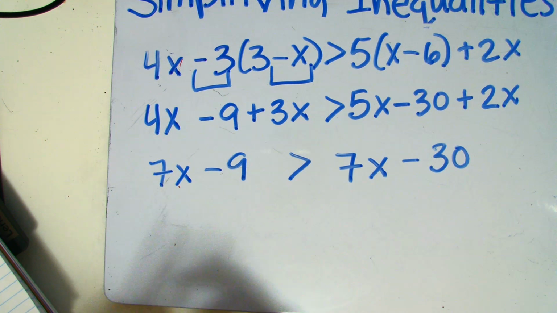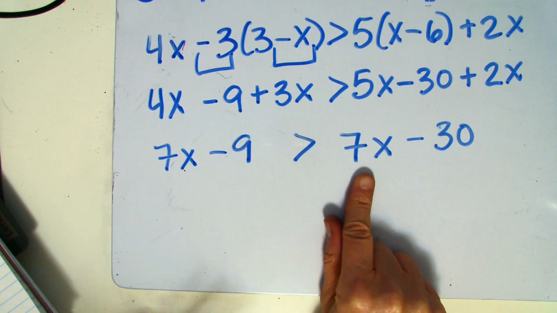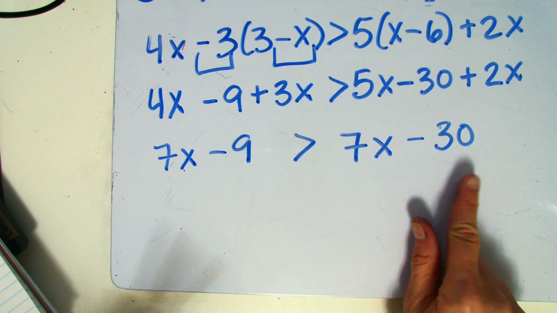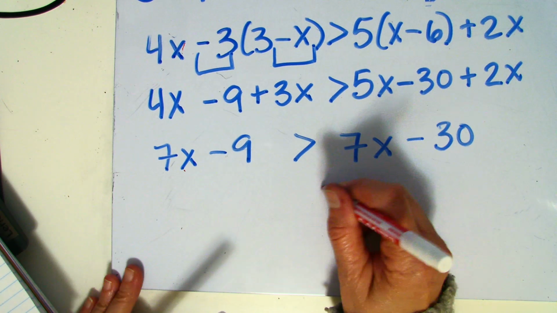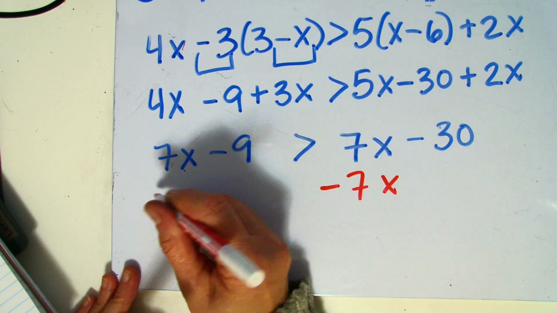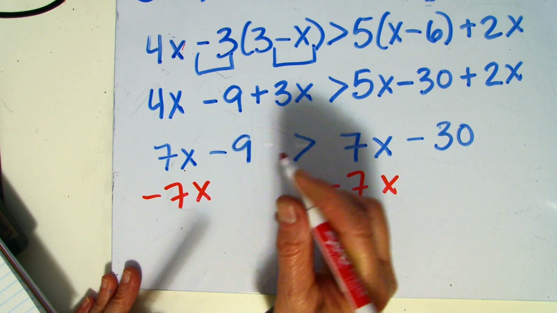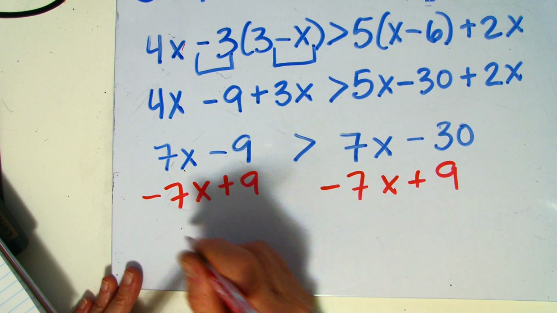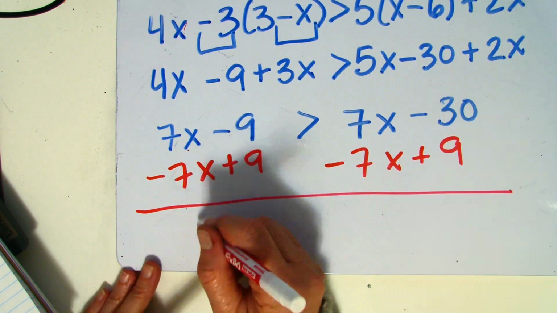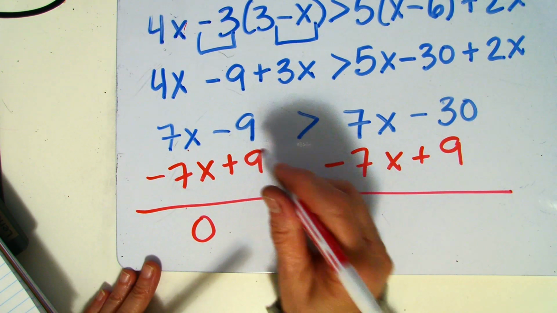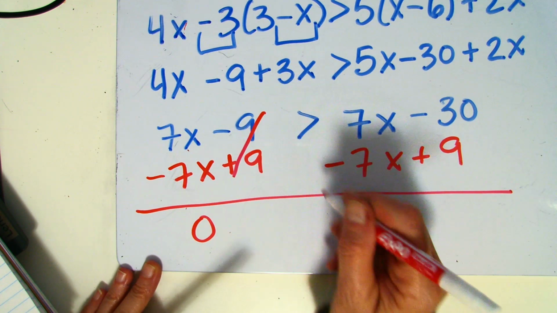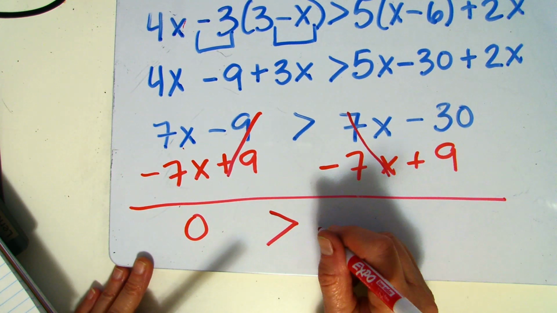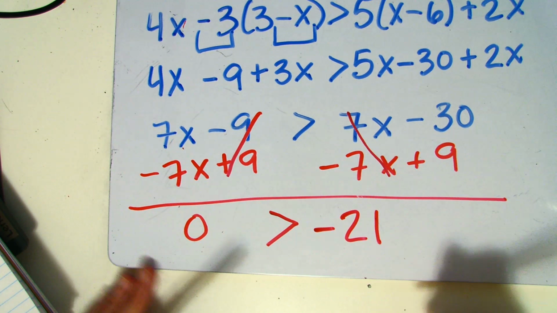So let's go ahead and move. I'll move this 7x over here, and I'll move this over to this side. So negative 7x, negative 7x, and then I'm going to add 9 to both sides. What we're going to come up with is a 0, and this is also a 0 that cancels, and this cancels, and then we're left with a negative 21.